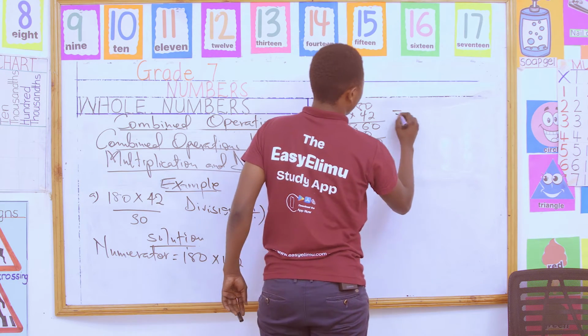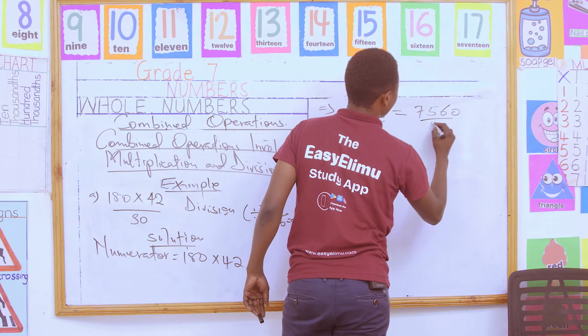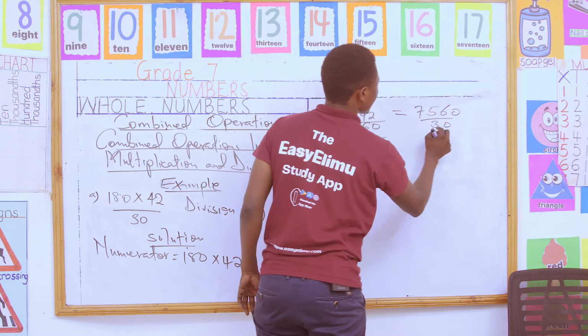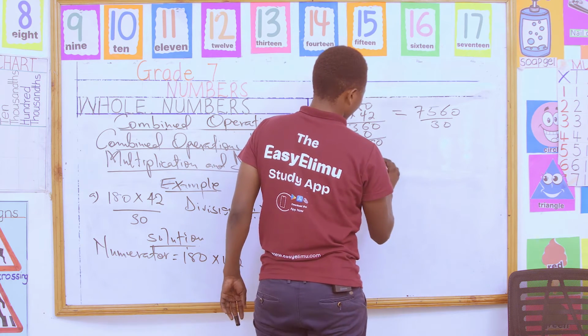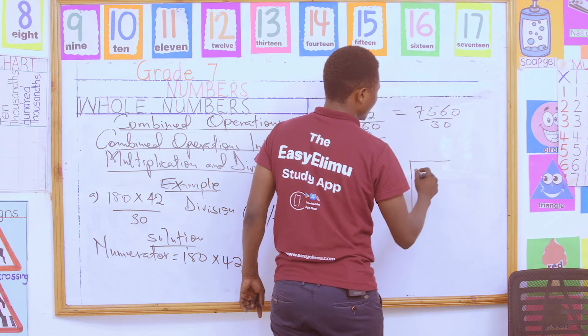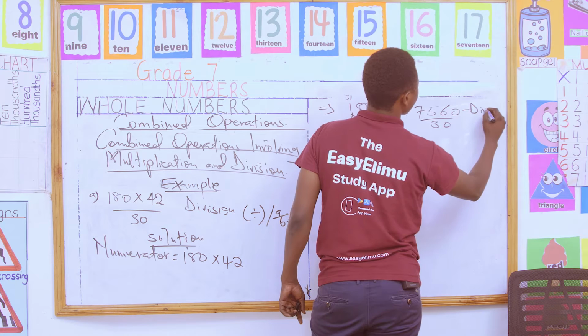According to our question, we are supposed to divide this by 30. Slash means divide 7,560 by 30. So using the long division method, we have 7,560.